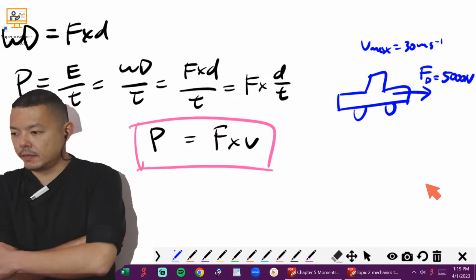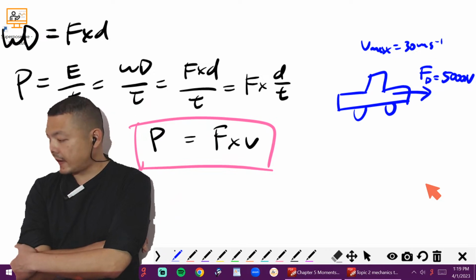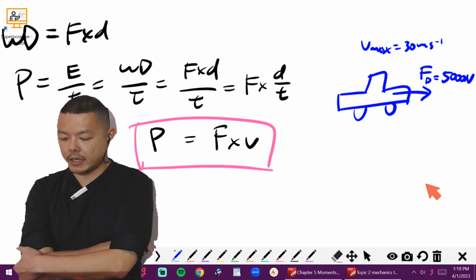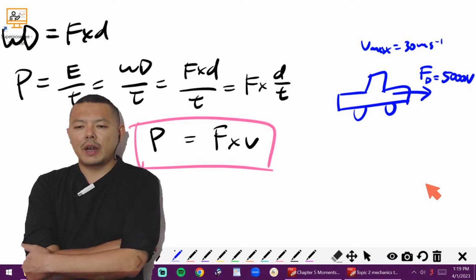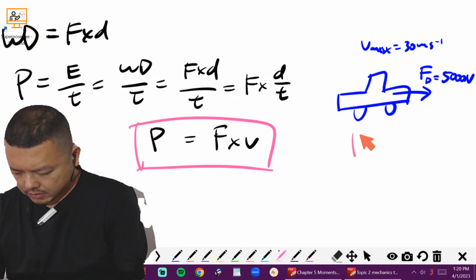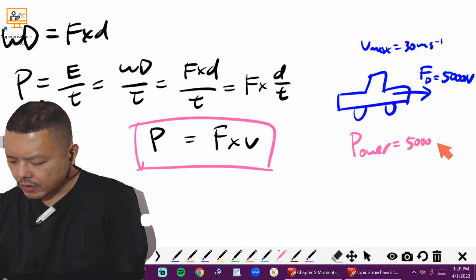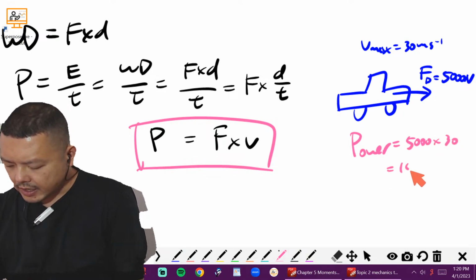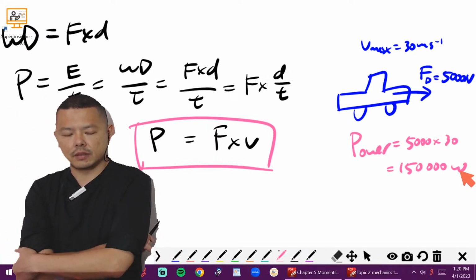So you have a car, driving force is 5,000 newtons, Vmax is 30 meters per second. Simple question, what is the power of the car? It's just force times velocity. So this one times 30, so you get 150,000 watts. Okay, this one's easy.